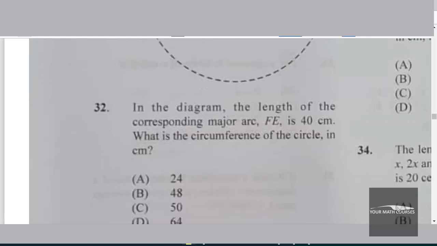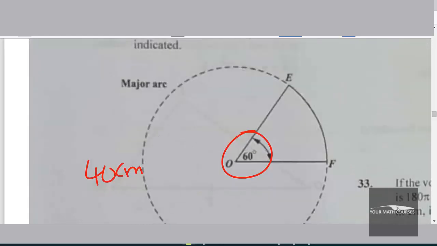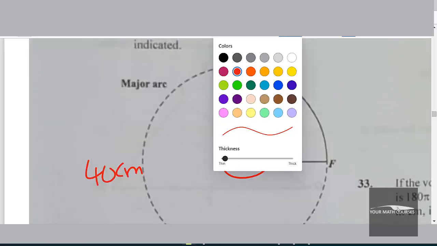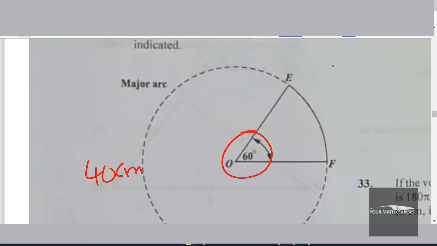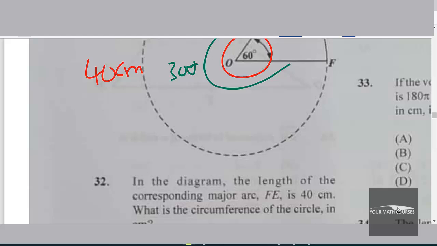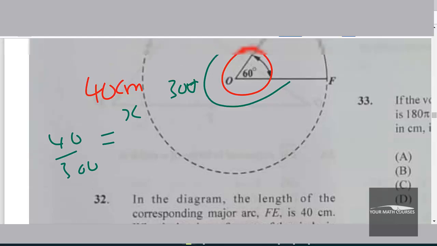What is the circumference of the circle in centimeters? Okay, so we have to find this thing here. So this is 300. We take 40 over 300, then 40 corresponds to 300. Then what will correspond to this one?